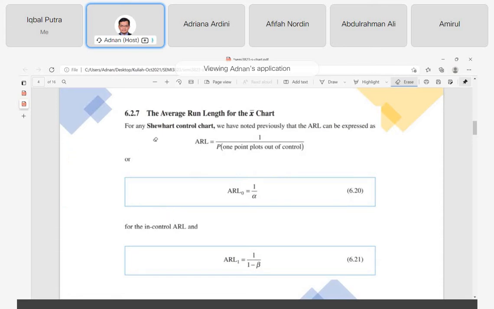So one measure that we use, we call it average run length. This is a measure of how good is our control chart. For example, the X bar chart is a Shewhart control chart.